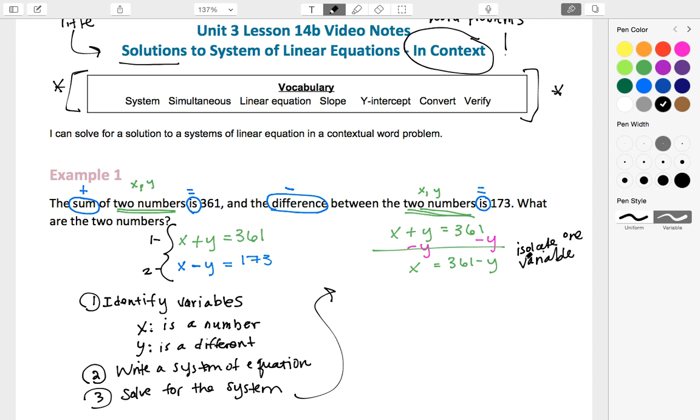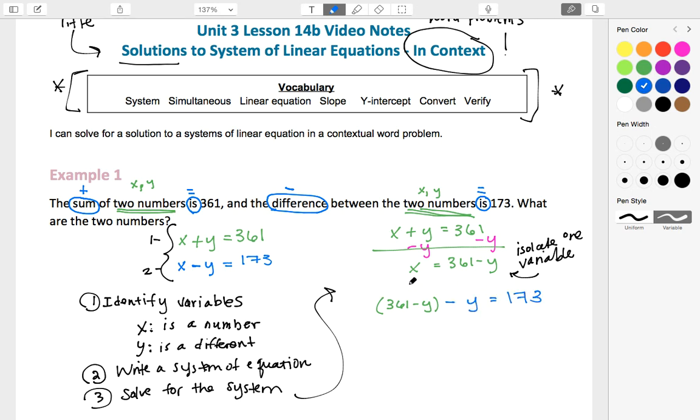Okay, and then what we are going to do next is substitute this expression 361 minus y into the second equation, or the blue equation. Since I'm substituting for x, and x represents this expression, I'm doing 361 minus y, minus y equals 173.